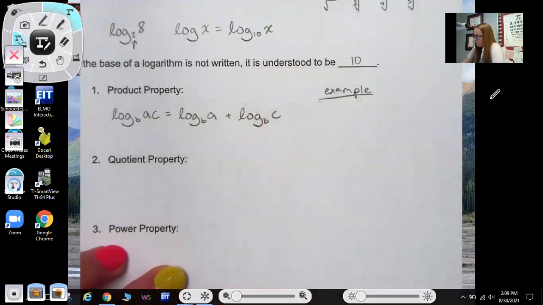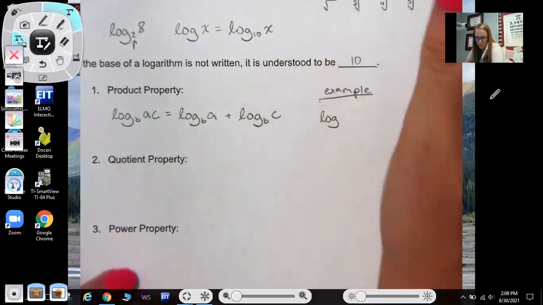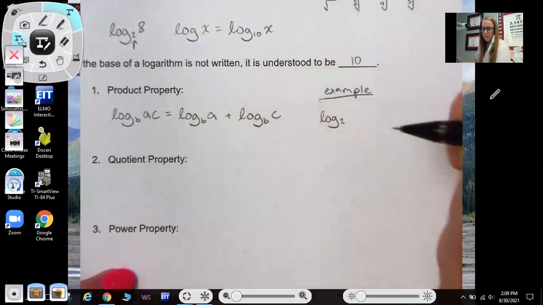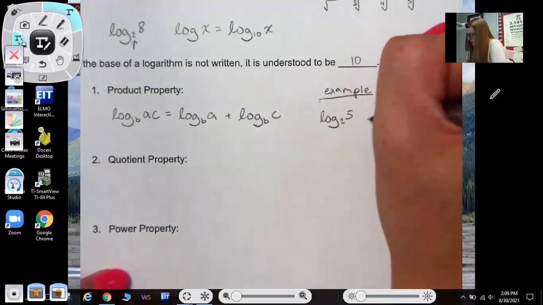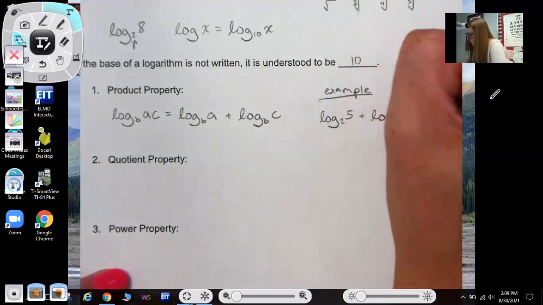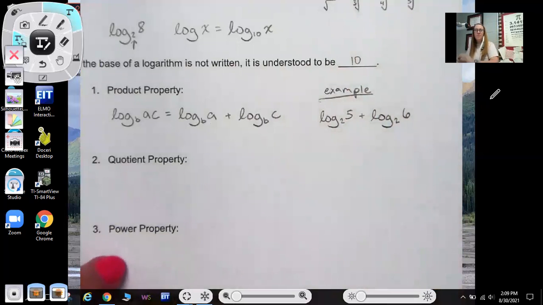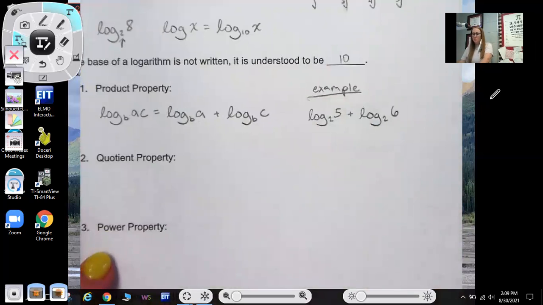For example, log base 2 of 5 plus log base 2 of 6. This is how we'll be using this property to solve problems.